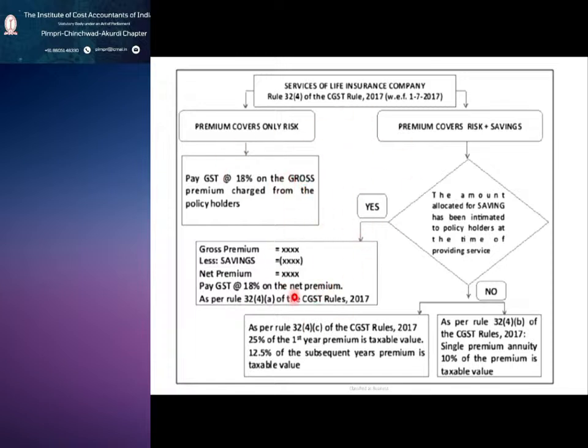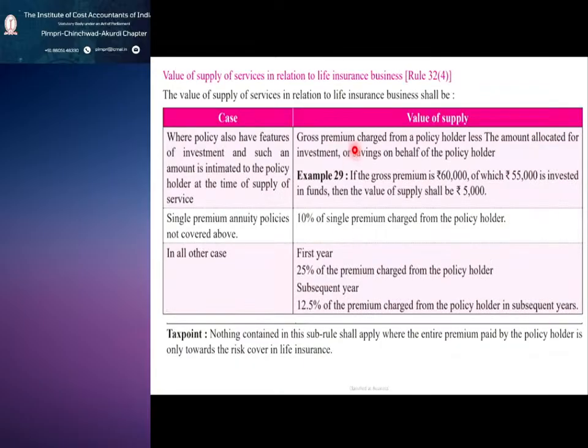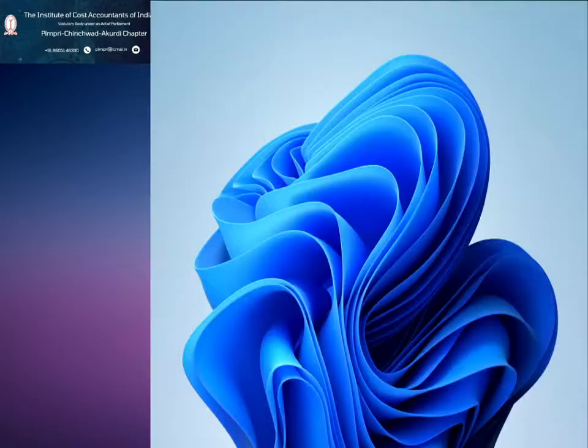this chart which you are seeing is from the final, but you can refer 32(4). Which page number is it? You have it? No? Just a minute, I can tell you the page number. From the study material, I can share the page number.